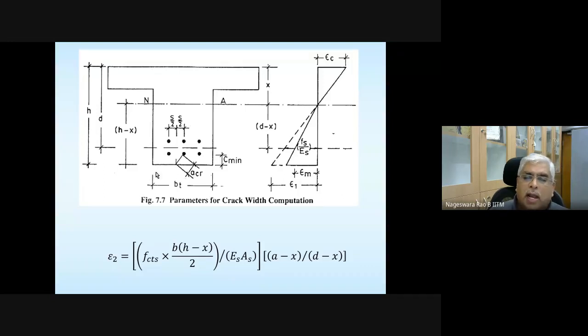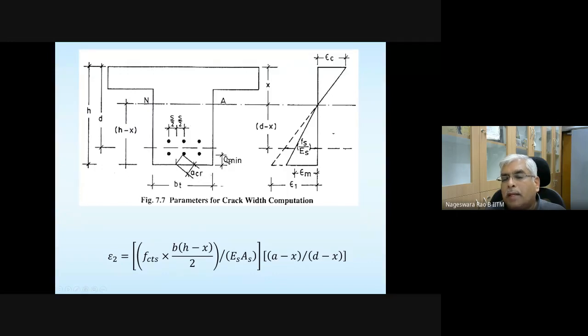Please note that for crack width calculations, usually we pick a point which is the middle of the rebars. Okay, so this is the distance of the point of interest. This is where we are going to actually calculate crack width. The distance of this point, which is the midpoint between the rebars, to the nearest longitudinal rebar, that is ACR.